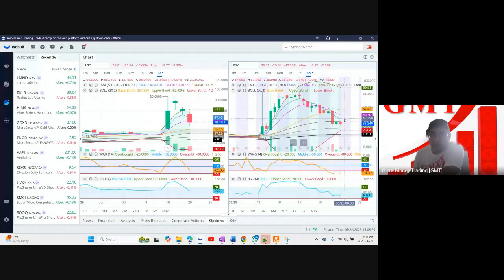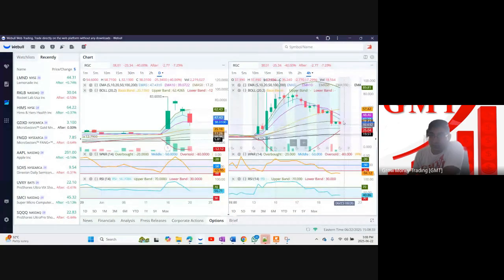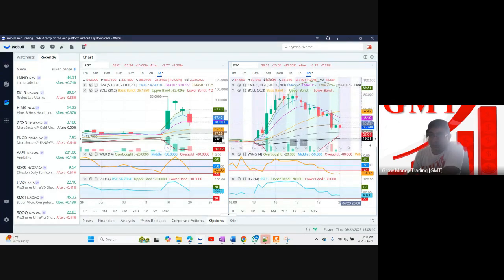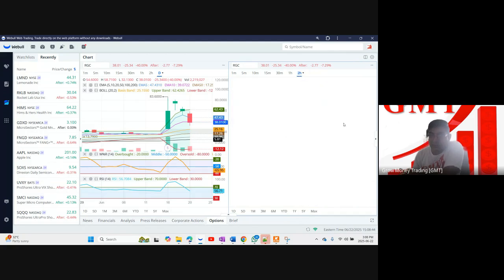So if your average buy price is 43, the 5 EMA here is at 42.10, which is still lower. Let's see.